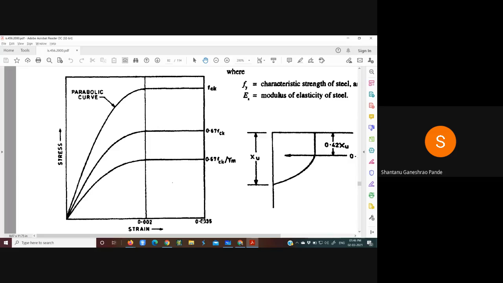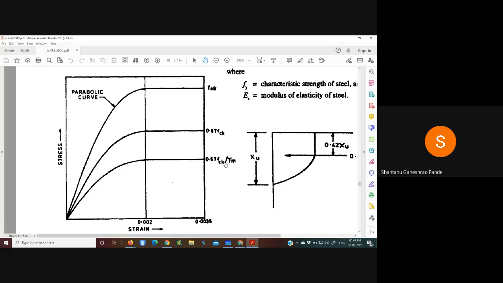Related to 0.0035, the stress values developed are given here. There are three values you can see: one is fck, second is 0.67 fck, and third is 0.67 fck upon gamma m. Now gamma m is the partial safety factor for material. The bottommost curve is considered the design curve.